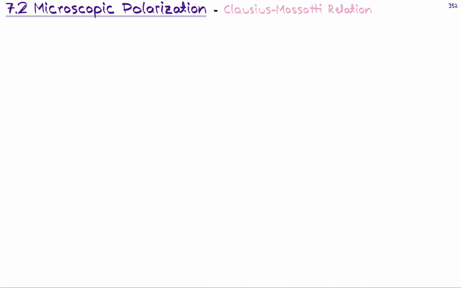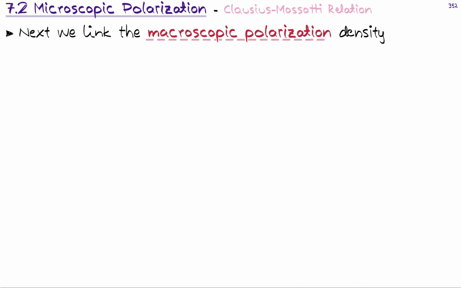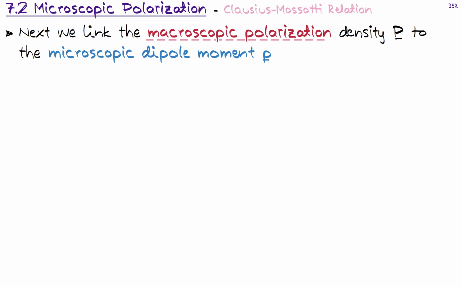So let's go through our quick derivation of the Clausius-Mossotti relation, and I will start by linking the macroscopic polarization density, the P field that we defined in the earlier lecture when we were discussing the macroscopic formulation of Maxwell's equations, to a microscopic quantity.